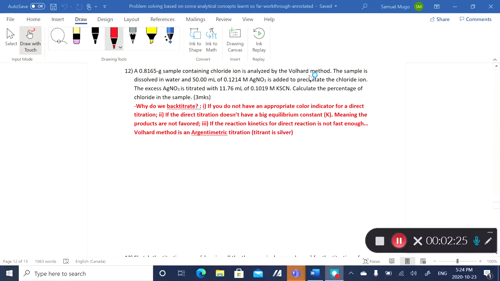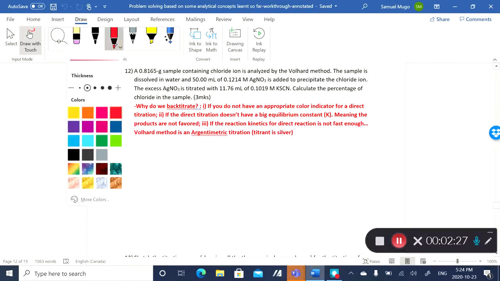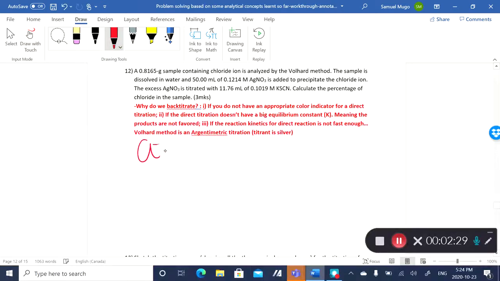In this case, you've got the chloride, which is the unknown sample, and you're reacting it with the titrant, which is silver. Argentimetric titration largely means that the titrant is silver. Because we are doing a back titration, we're going to add silver in excess in a beaker.